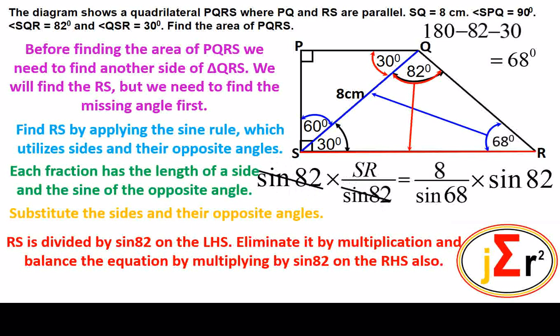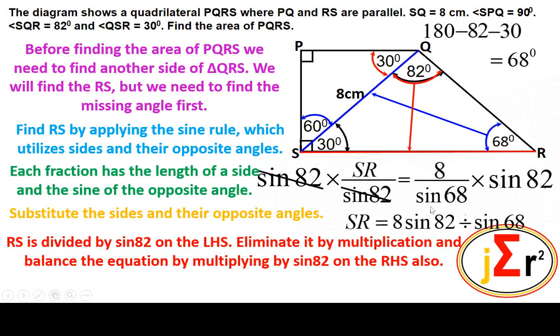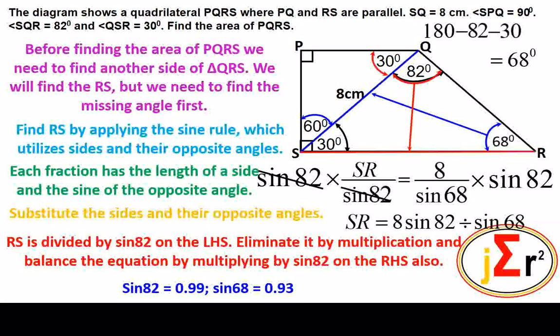Sine 82 is eliminated from the left-hand side, and on the right-hand side, what do we have? 8 times sine 82, and we are dividing by sine of 68. Sine of 82 is equal to 0.99, and sine of 68 is equal to 0.93. Completing the arithmetic, we have SR is equal to 8.5 centimeters.